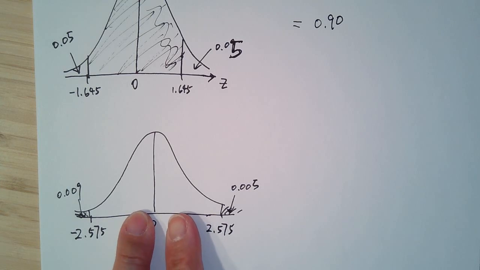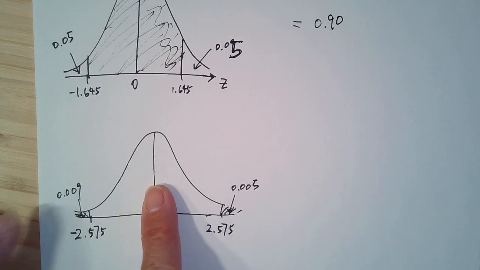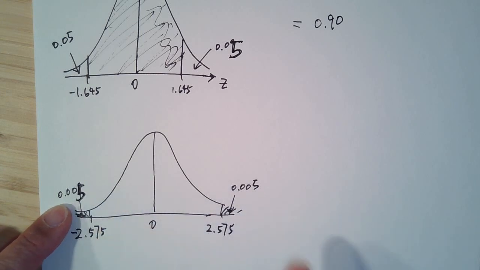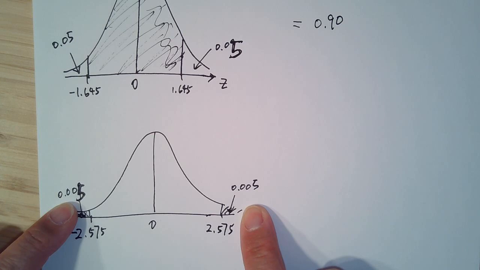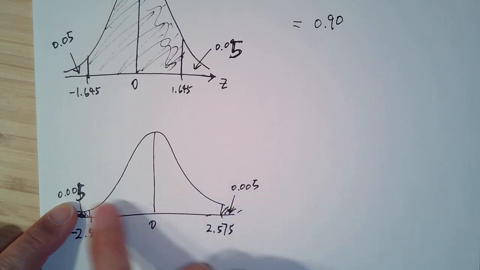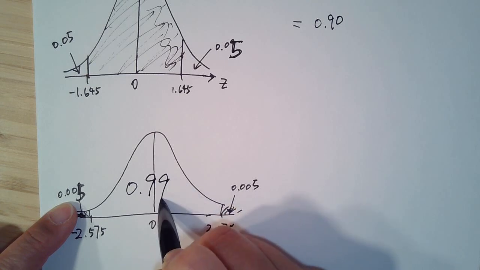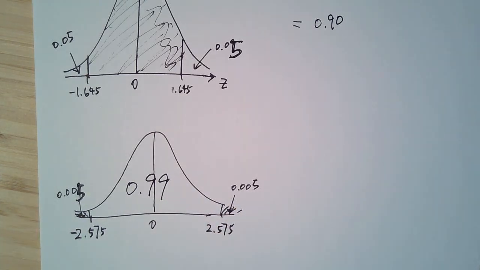Now what is this white area? 0.005 plus 0.005, I get 0.01. Subtract that from 1 because the whole area under the curve is 1. So I get 0.99. That means 99% of the z-scores should be between positive and negative 2.575.